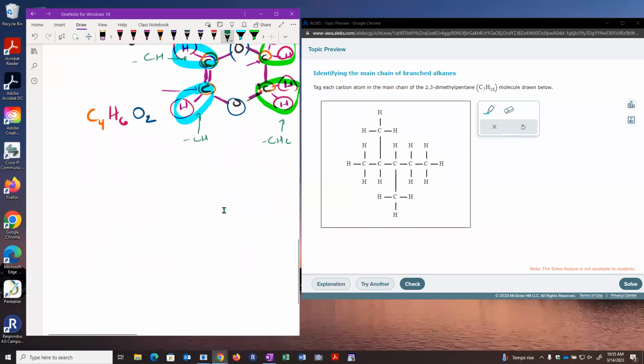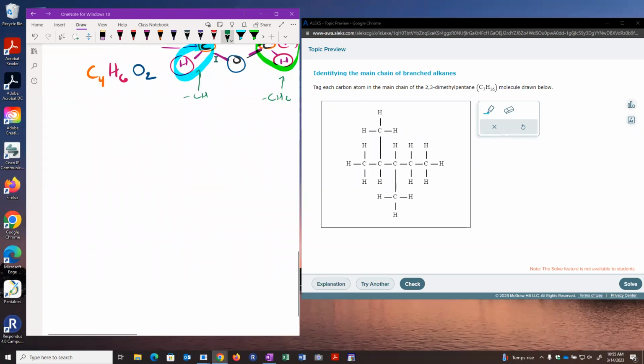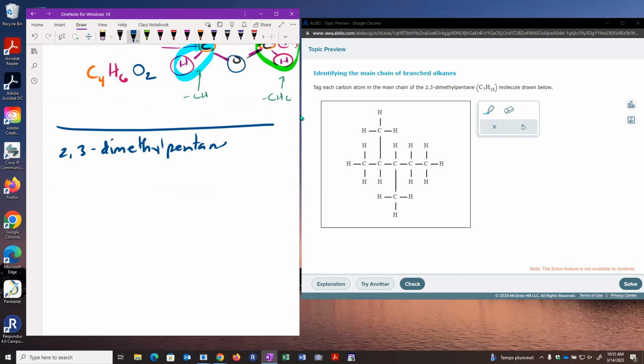All right, so in the next question, we'll take a look at identifying the main chain of branched alkanes. All right, so here it says tag each atom in the main chain of the 2,3-dimethylpentane. So when it comes to the nomenclature, naming your organic compounds, they're all named systematically.